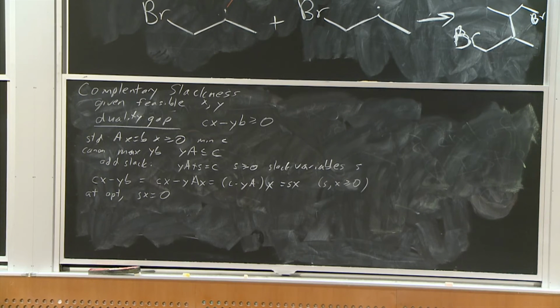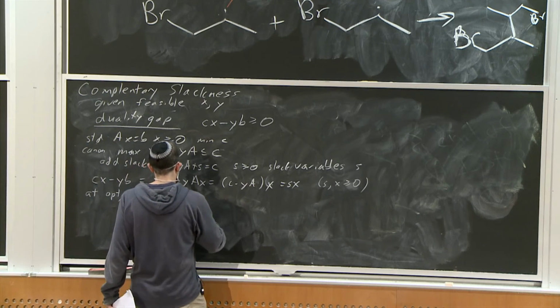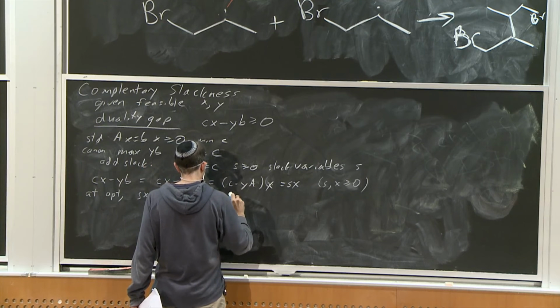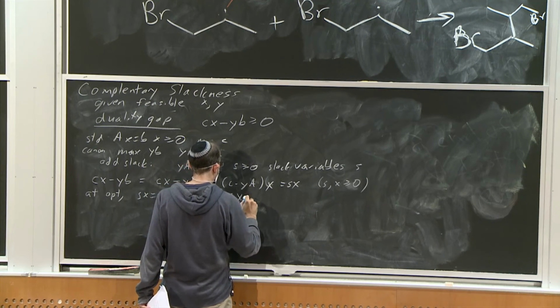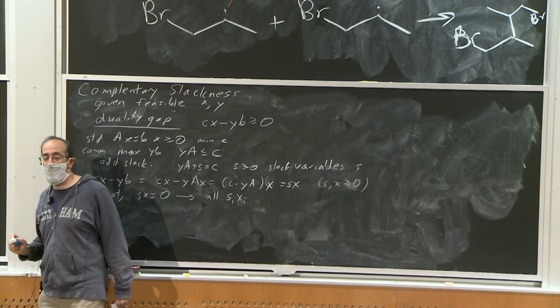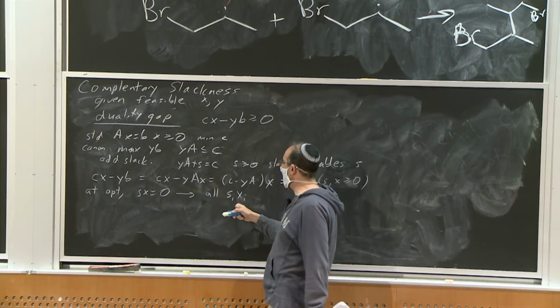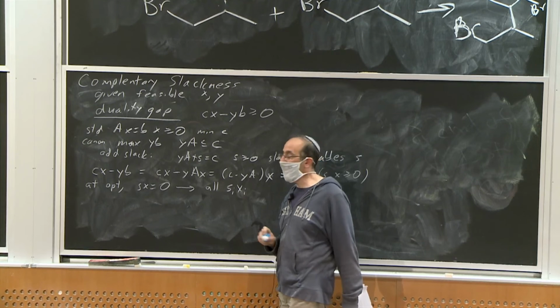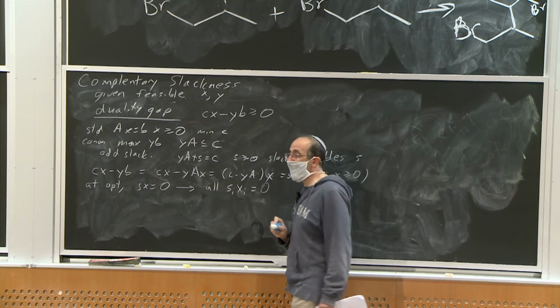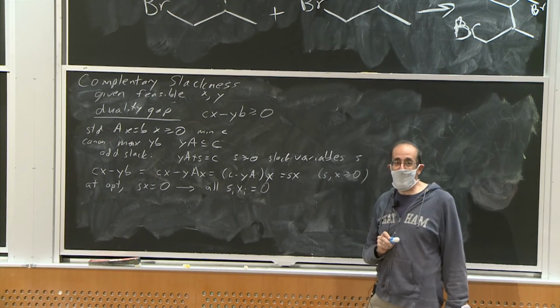Either S is 0 as the component or x is 0 as the component. Exactly. The only way to get Sx to be equal to 0, since each value is non-negative, is to have each term be equal to 0, because if anything is positive, there's no way to cancel it out.